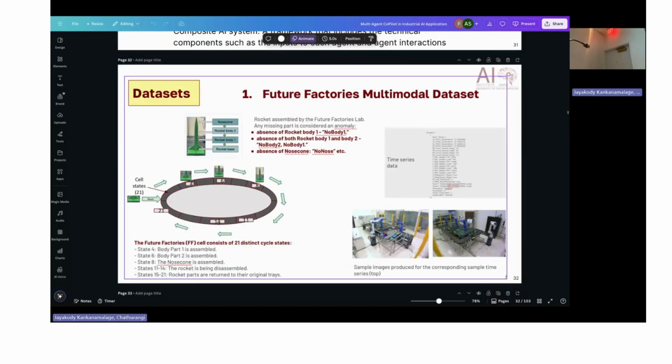Now, we also talked about the idea of a cycle state. And these cycle states play a very huge role in the creation of our process ontology, which we'll also talk about in a couple of minutes. But essentially, these cycle states allow us to understand where we are in our assembly system. Are we still at the point where the robot is placing the tray on the conveyor?